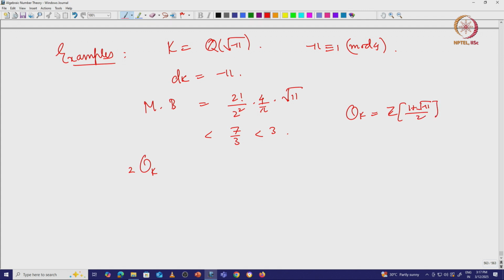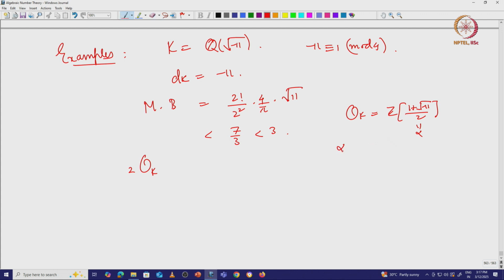And so, if we want to find out what the minimal polynomial of this is, let me call this alpha. So, alpha is (1 plus square root of minus 11)/2. We have done this before, I am just recalling that.